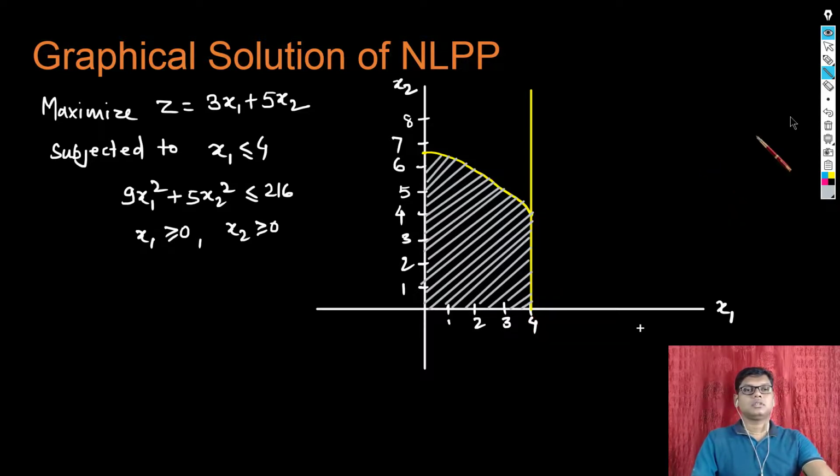Now all things are over. This is the feasible region. Now just draw the objective function. So let's draw the objective function, that is 3 and 5.